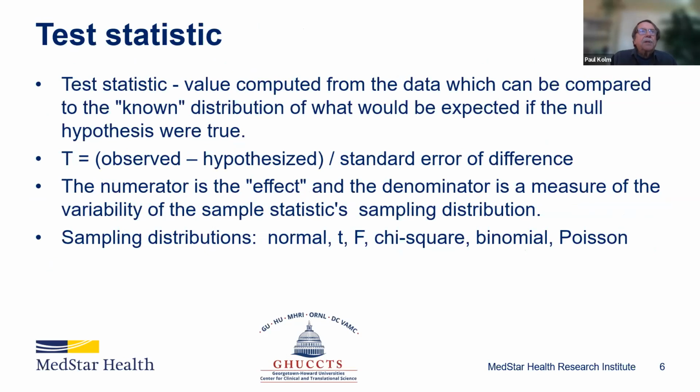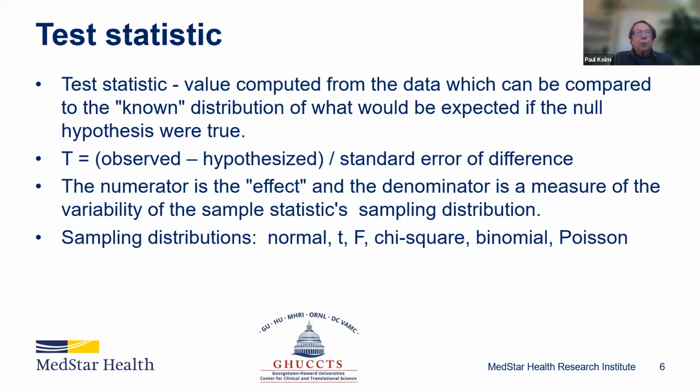So the test statistic that we compute from our statistical test is compared then to the known distribution of what would be expected if the null hypothesis were true. And basically our test statistic is our observed value minus the hypothesized value, or the observed value in a, say, control group or placebo group, divided by the standard error of the difference.